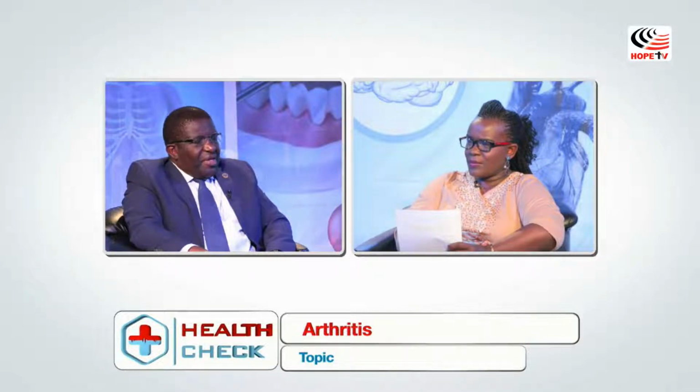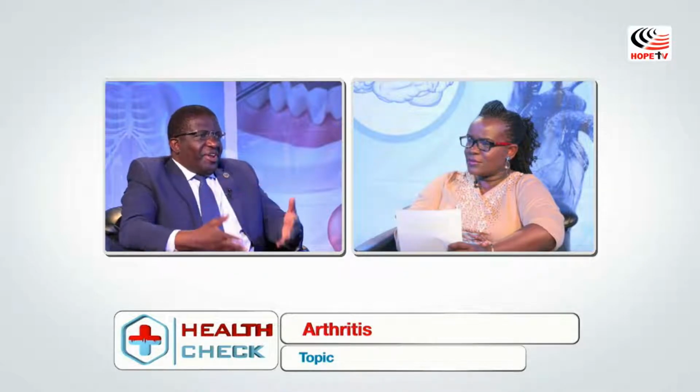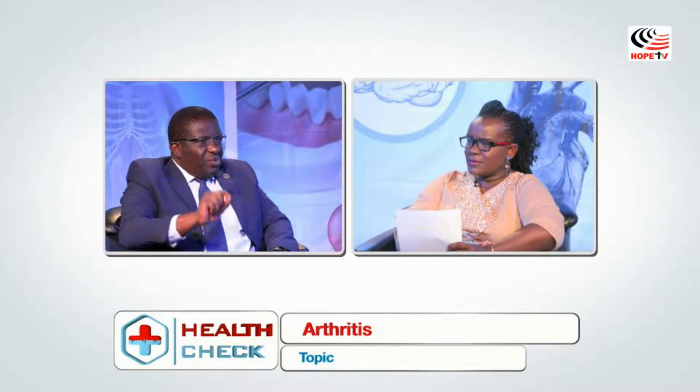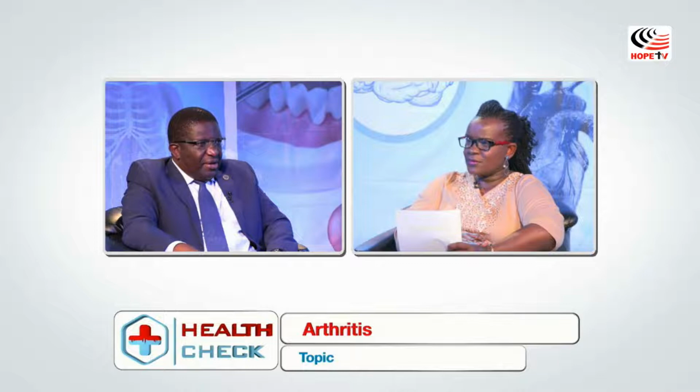Then the other arthritis, which is very common, is gout. In fact, worldwide, in terms of inflammatory arthritis, gout is the most rapidly increasing. It's becoming an epidemic worldwide. Gout arises because your body has high uric acid levels.